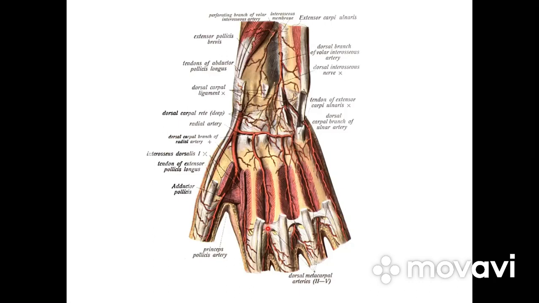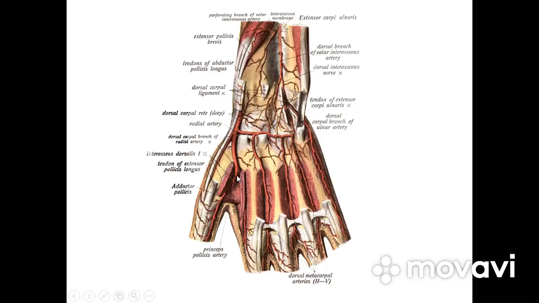Dorsal metacarpal arteries divide into dorsal digital arteries. Only the last continues as a dorsal digital artery. That's why we have 4 dorsal metacarpal arteries and 7 dorsal digital arteries, which continue on the ulnar border of the second finger, and on both borders of the third, fourth, and fifth finger.